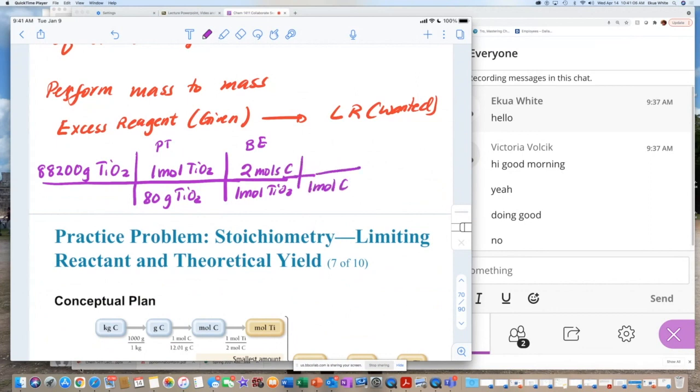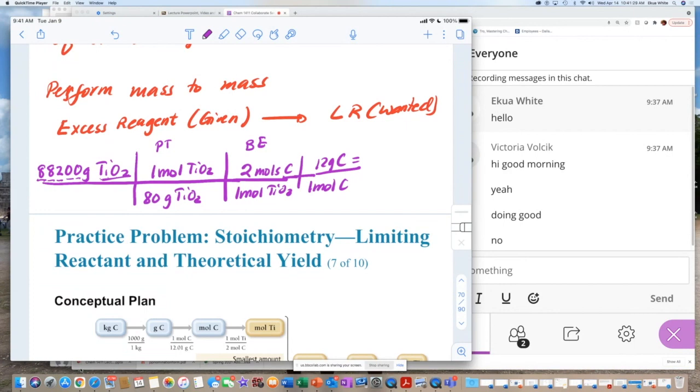Next, 1 mole of carbon. Carbon is just 12 grams of carbon. That's it. So what we're saying here is if all 88200 grams of titanium 4 oxide react, how much of the carbon do we actually need as a compatible partner? Well, we're about to figure this out.